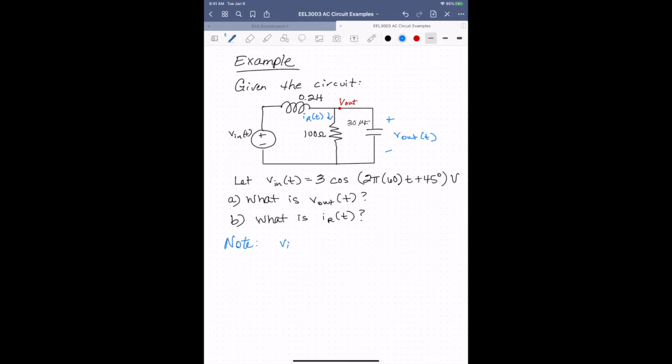I'm going to use capital letters here, although it doesn't much matter for V's. We use the amplitude, which is 3, and the angle is 45 degrees. So we'll just say 3 at an angle of 45 degrees. Of course, the unit is volts.